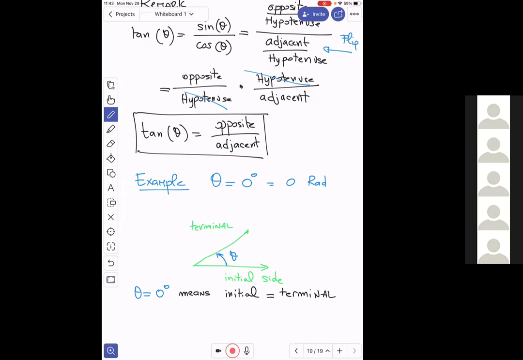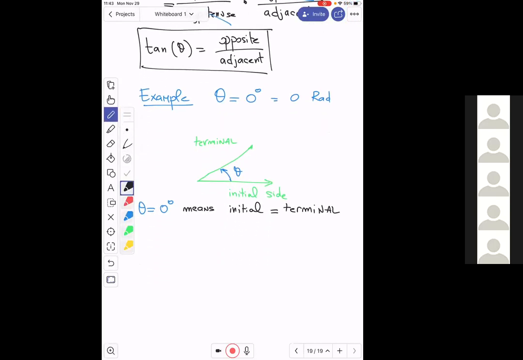They coincide. So this is my initial side, and my terminal side is just this. It's just the same thing. They coincide, so that the angle theta is 0.